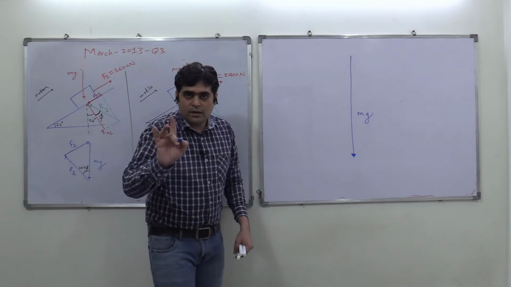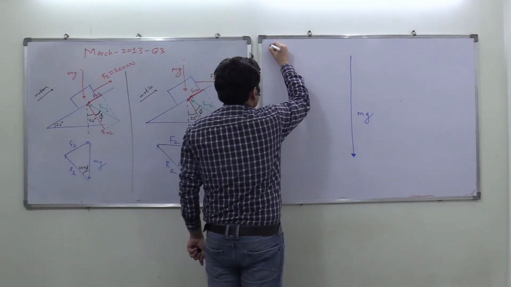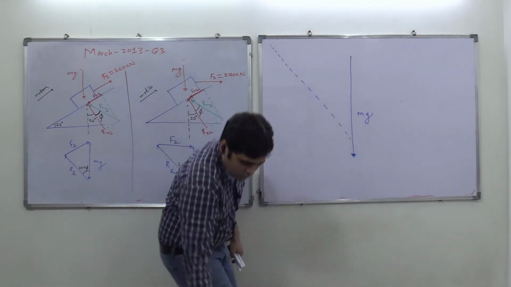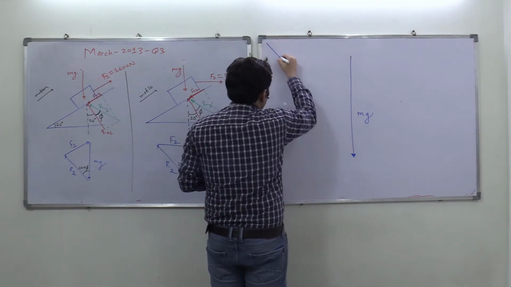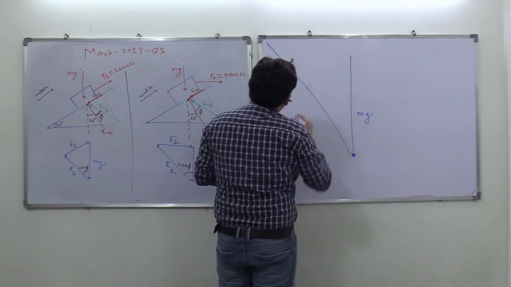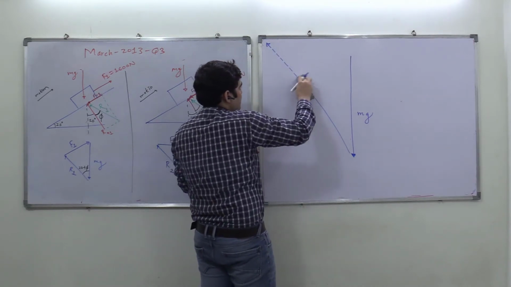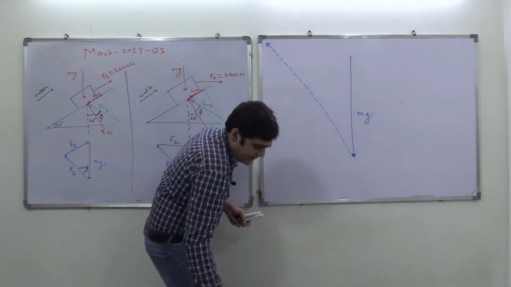Then the resultant reactions. See, I am going to draw one dotted line. Okay, one minute. I am going to draw it properly so that it is visible to you. So I am making it dotted. See this scenario. What does this line indicate?